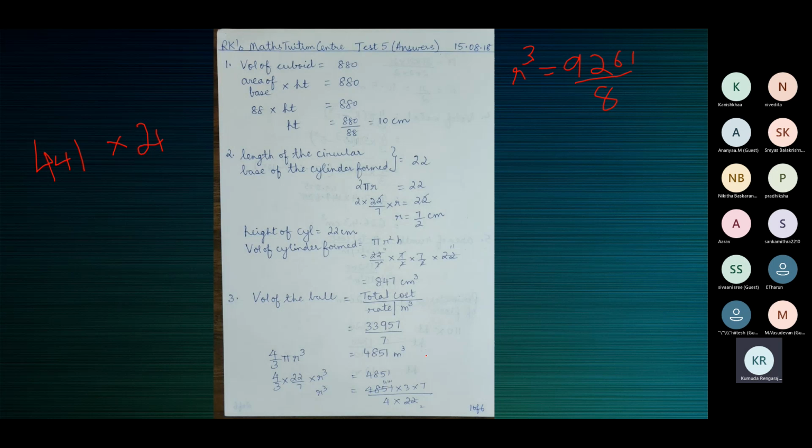You've simplified, no? 11 2s are 22, and 11 4 41 times is 4851. Then these numbers cannot be further simplified, so we are forced to multiply 441 into 3 into 7. That will give you 9261 divided by 4 2s are 8.